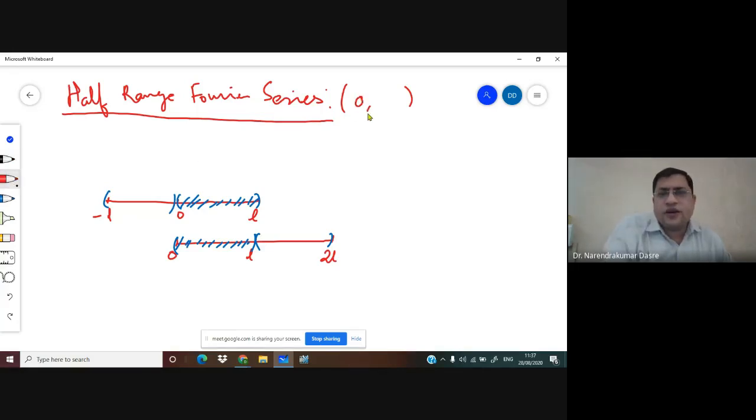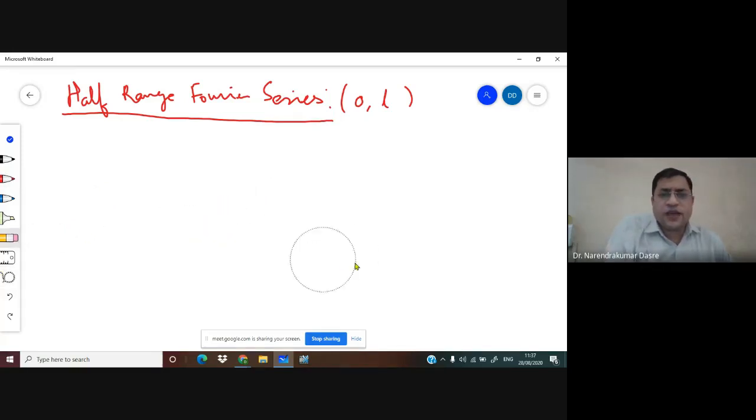So here our range or interval is always 0 to L, and we have to see the Fourier series in the range 0 to L. We have two types of Fourier series in this range.